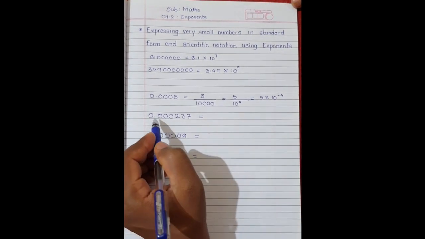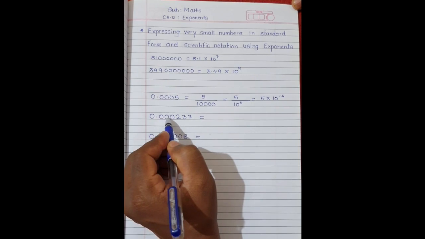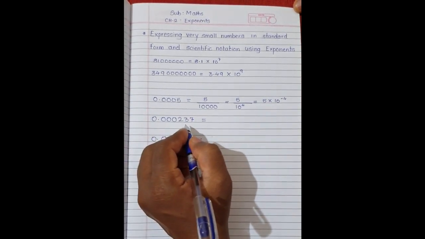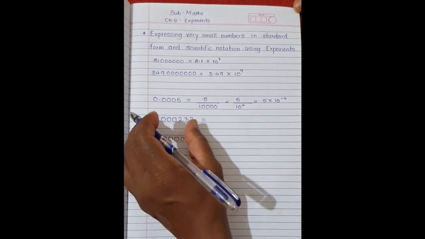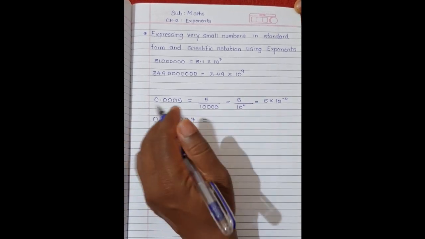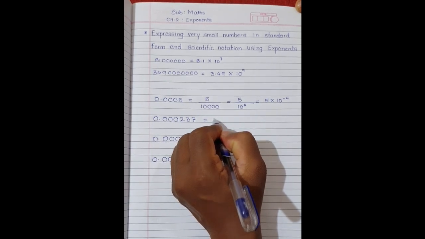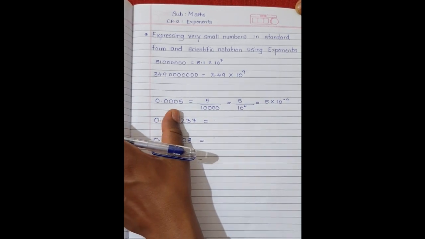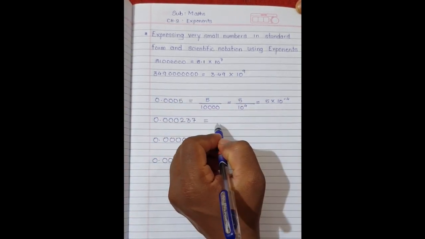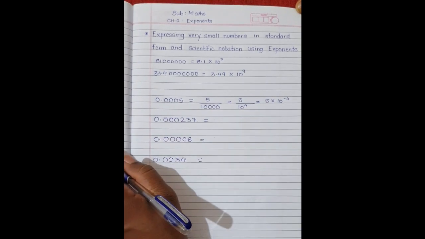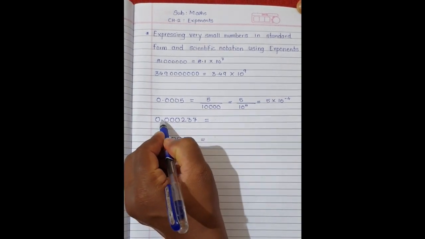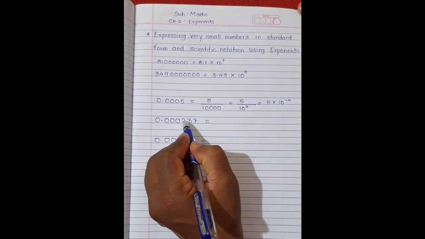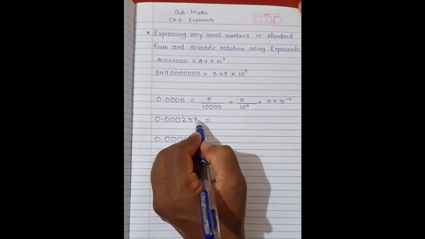Now see a second example, 0.000237. Let us first convert this number in such a way that the number in the numerator comes between 1 and 10. If you see, the number is 237. We want a number between 1 and 10, so we will shift this decimal point here, so that we get 2.37.